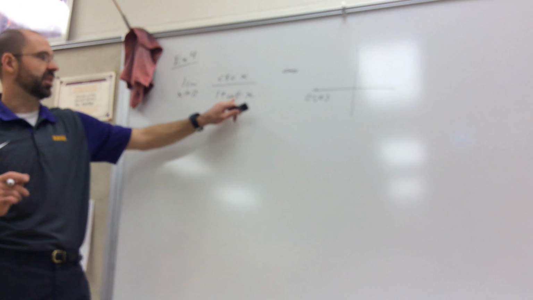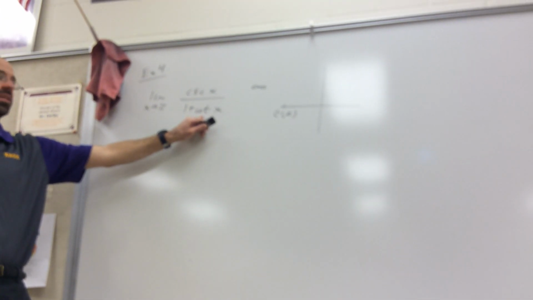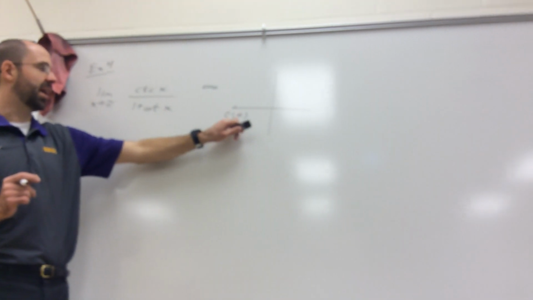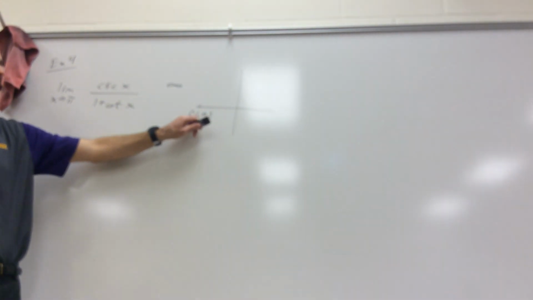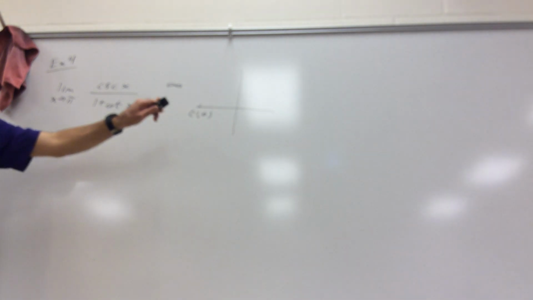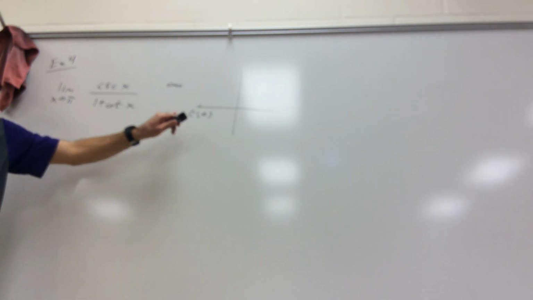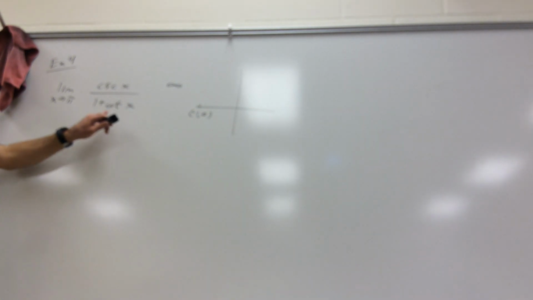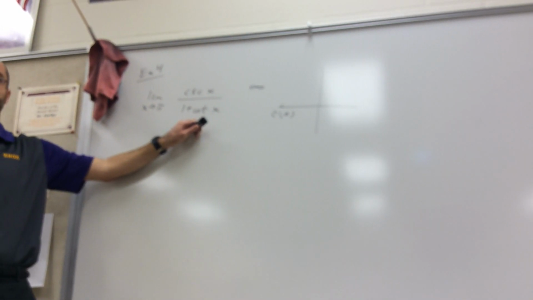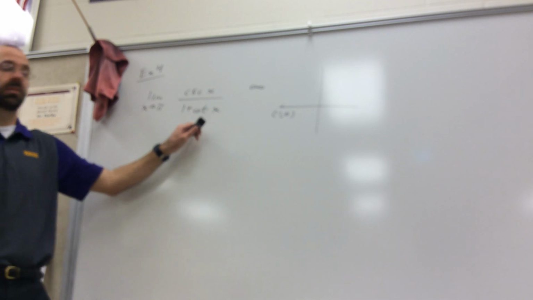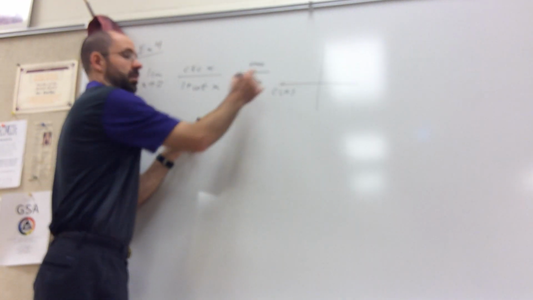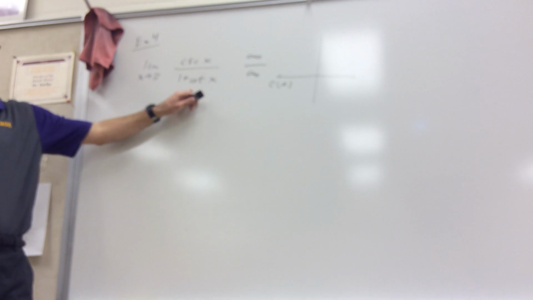Then for cotangent, cotangent is 1 over tangent. And the tangent of pi is y over x, so that's 0. So the tangent is getting close to 0, and so 1 over the tangent is getting close to infinity. So this is infinity over infinity.